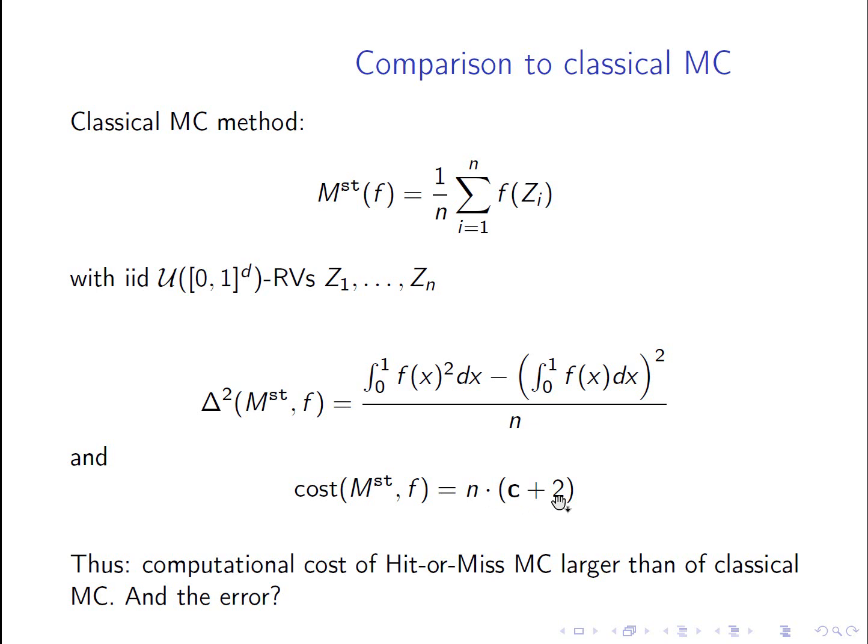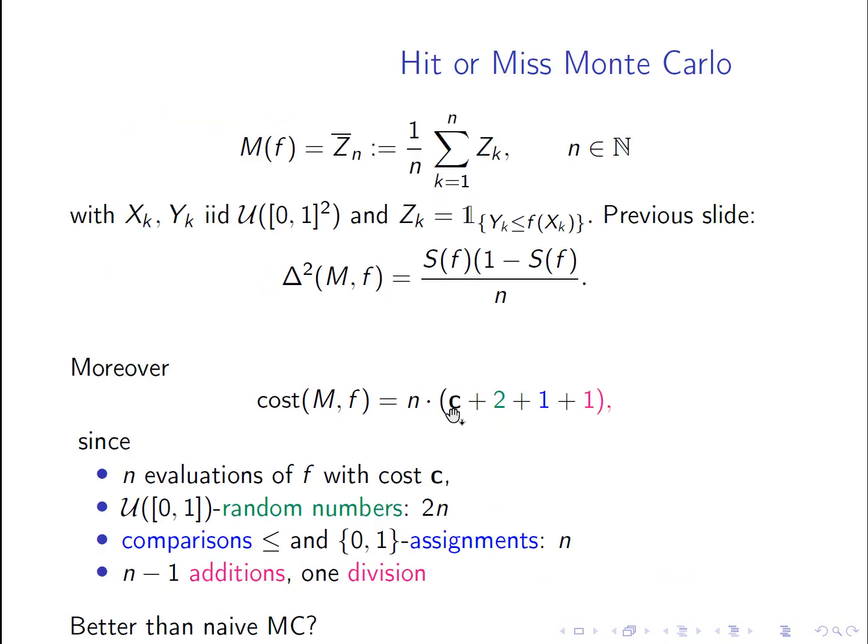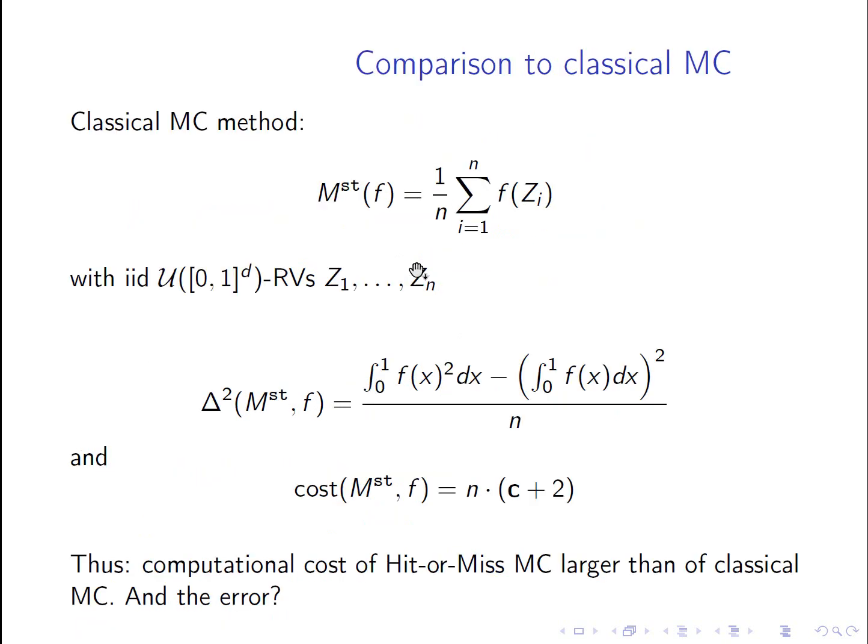And going back, here we have n times (c plus 4). So the cost of hit or miss Monte Carlo is higher. And what about the mean squared error? This is the mean squared error of hit or miss Monte Carlo, and this is the mean squared error of standard Monte Carlo. So we now need to compare the variances.